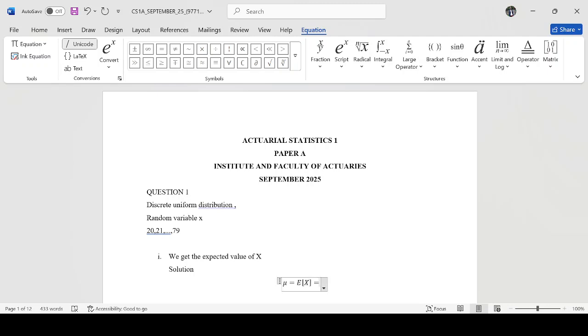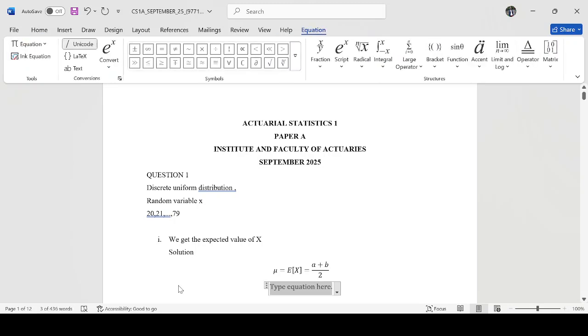And remember that this is a discrete uniform distribution, so it will be a plus b divided by 2. Notice that from our random variable x, our value of a is equal to 20, and our value of b is equal to 79.